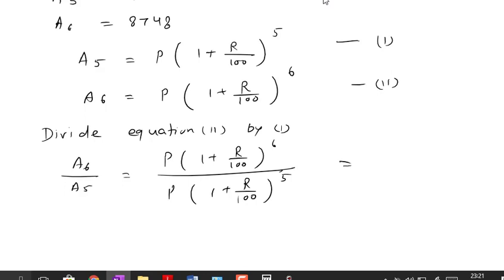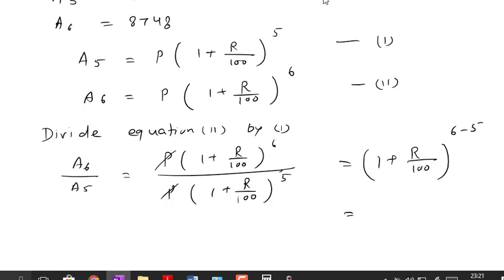First of all, this P and P will cancel. Then the base is the same, that is 1 plus R upon 100, and the powers are 6 and 5. So we say this is 6 minus 5, which is 1, right?